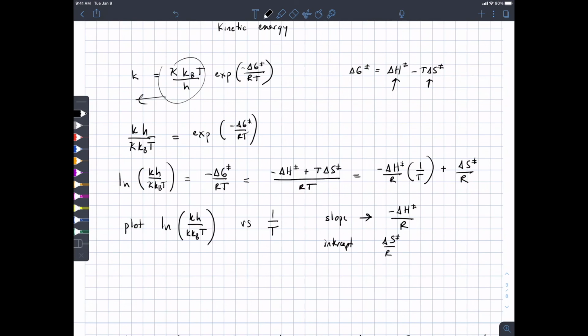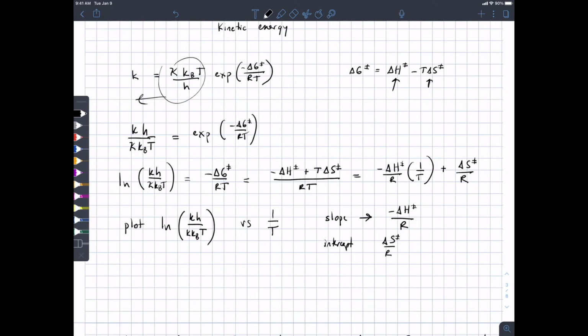So if I measure the rate constant at different temperatures, that's the take-home message. I can get information about how much of that activation energy is enthalpy, which has to do with bonds breaking, bonds formed, and steric repulsion and electronic effects, versus how much is entropy, or changing in disorder, right?